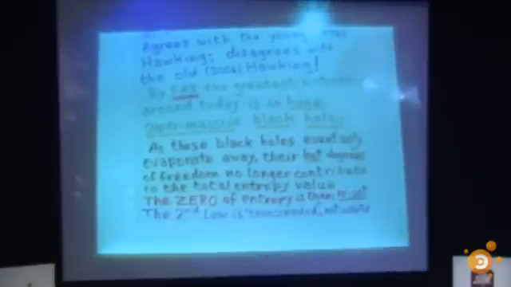Now, as the black holes eventually evaporate away, they lose degrees of freedom, and as they lose degrees of freedom, your measure on the coarse graining regions, the Boltzmann definition I gave you for entropy, actually has to keep being renormalized.